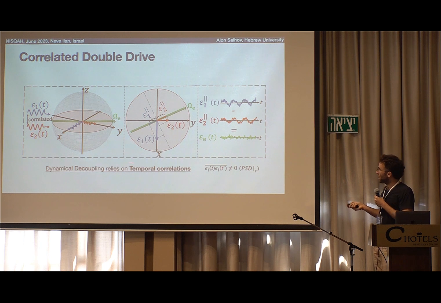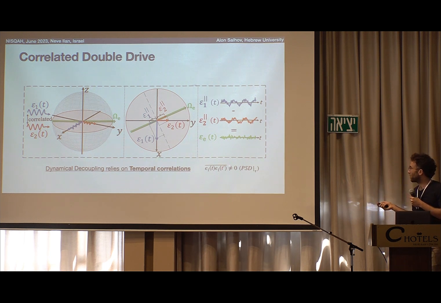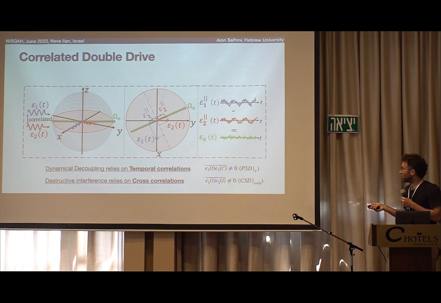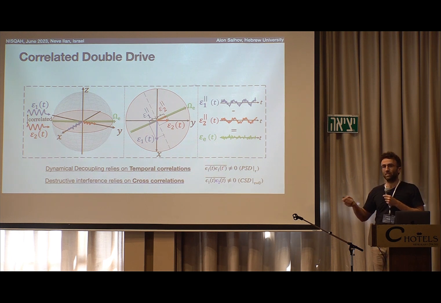So to sum up, dynamical decoupling relies on temporal correlations, which looks something like this. And for whoever is familiar with it, the parallel spectral density at some value tau, let's say, the difference between t and t prime, while destructive interference relies on cross correlations. That is, this term or the cross spectral densities, in this case considered at tau equals 0.